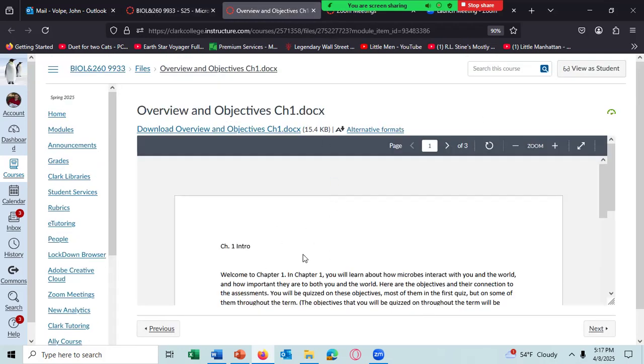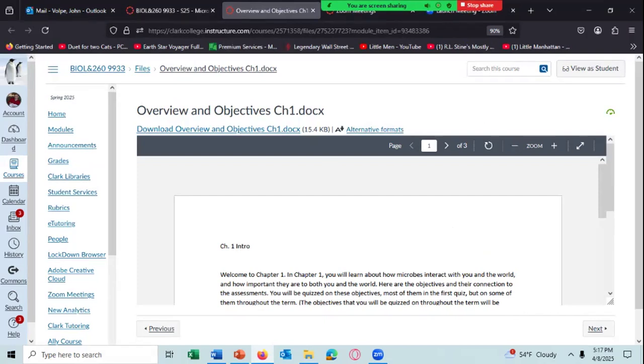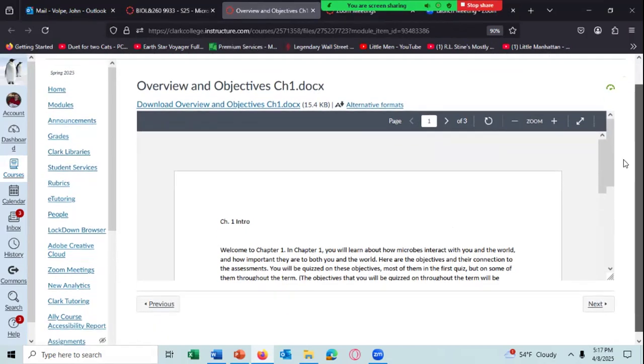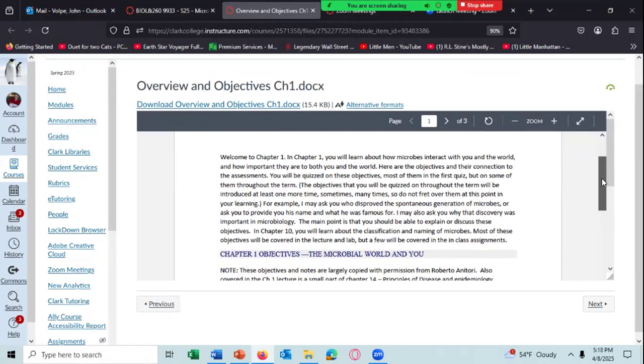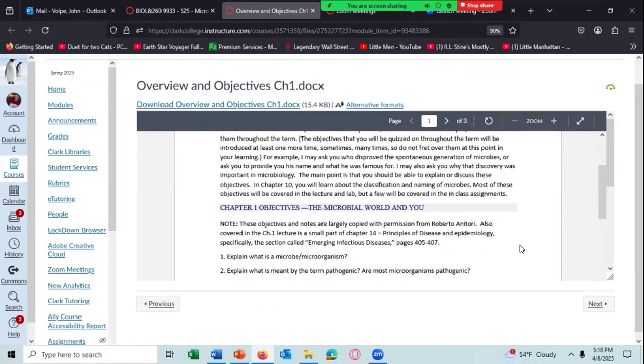This lists the objectives of chapter 1, and an overview of the chapter as well. All of your quiz questions will come from one of the objectives, so you should take a look at this.